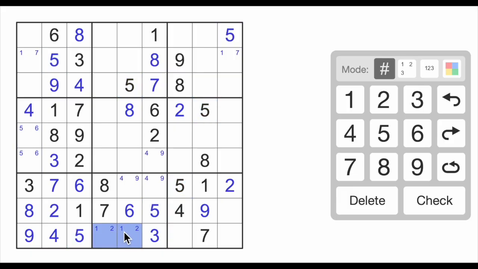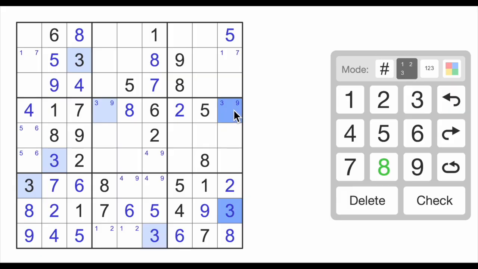Okay, and now here's 1 and 2 on row 9. So these two will be 6 and 8. And here's 8, which makes this cell 6, and this will be 8. The last number of this row is 3. And this row is missing 3 and 9, so this 3 makes this cell 9.